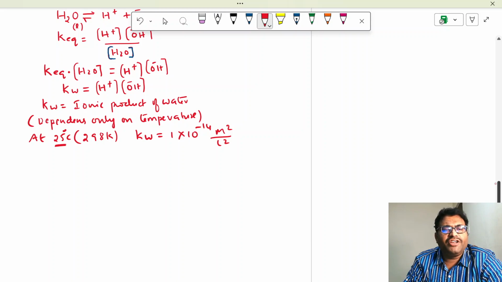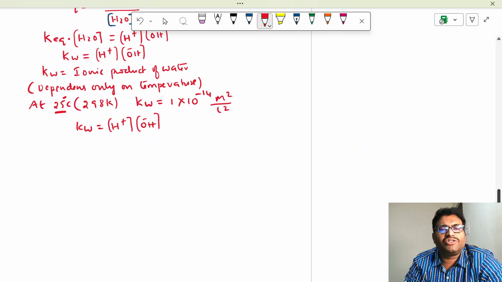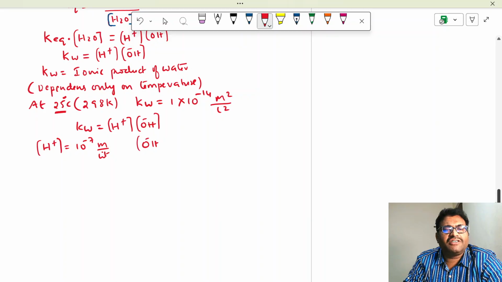Okay, and we know that Kw is equal to H plus ion concentration into OH minus ion concentration. One water molecule produces one H plus and one OH minus. So I can write H plus ion concentration is equal to 10 power minus 7 mole per liter, and OH minus ion concentration is equal to 10 power minus 7 mole per liter.